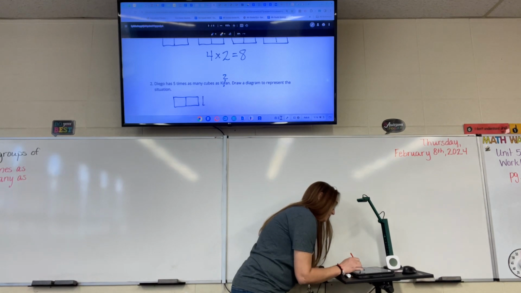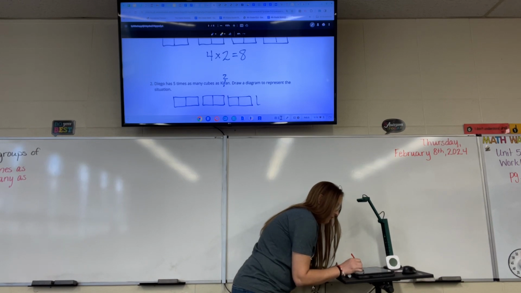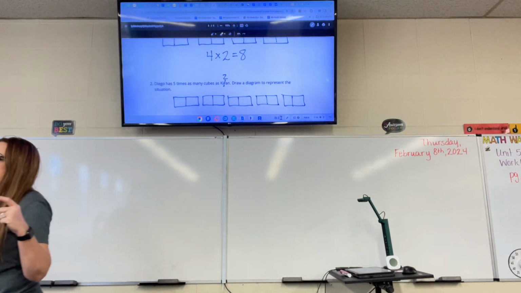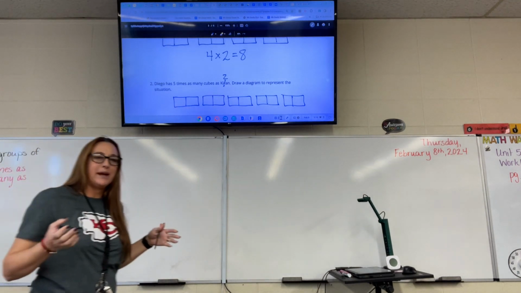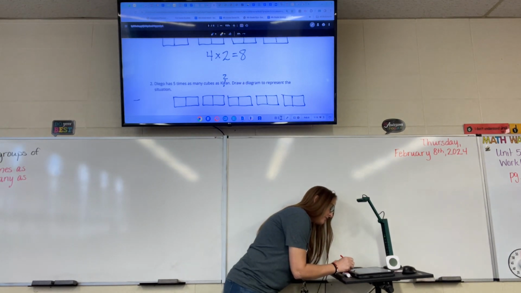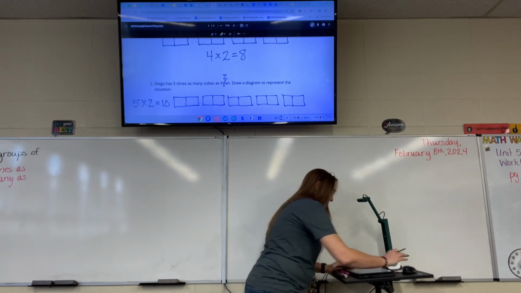So there's 1, 2, 3, 4, and 5. Notice that I'm not making a big long row just with 10 blocks in it, because this allows us to see how it breaks down, okay? So Diego has 5 groups of 2, which equals 10.